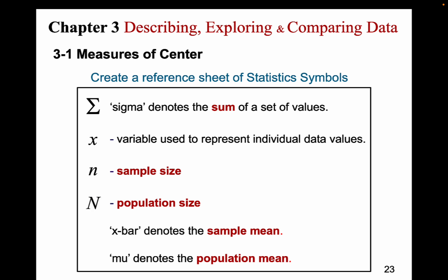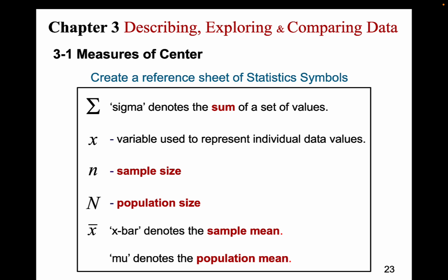Capital N is used to represent the population size. So in the carbon monoxide detector example, capital N would have equaled 38 million, and lowercase n would have equaled the 30 carbon monoxide detectors that we sampled and tested.